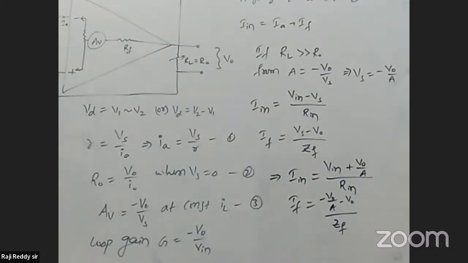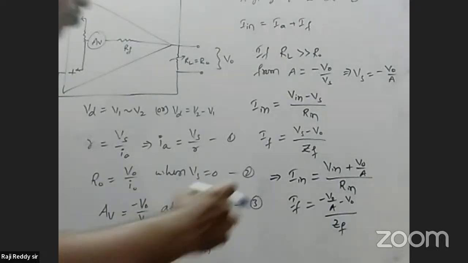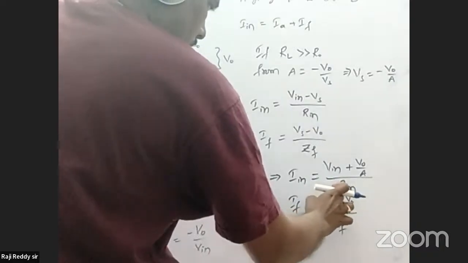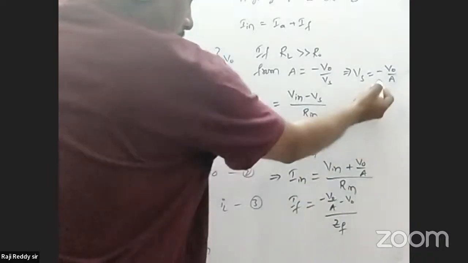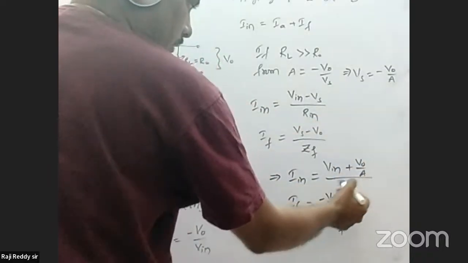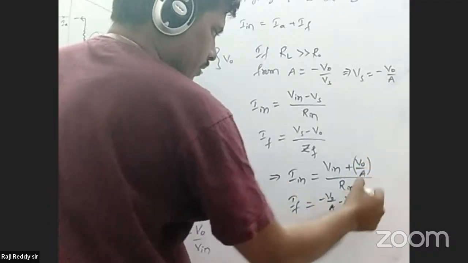And I in value, IF value have come. I in is equal to V in minus Vs by R in, so I in is equal to V in plus V naught by A, divided by R in. Instead of Vs, we substitute V in minus V naught by A. This is I in.